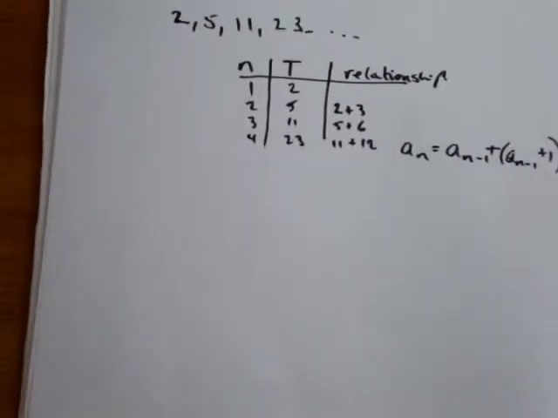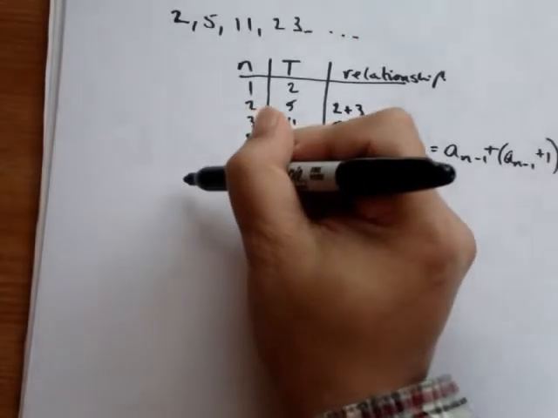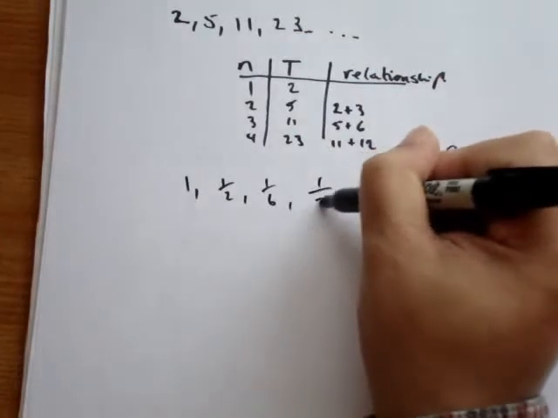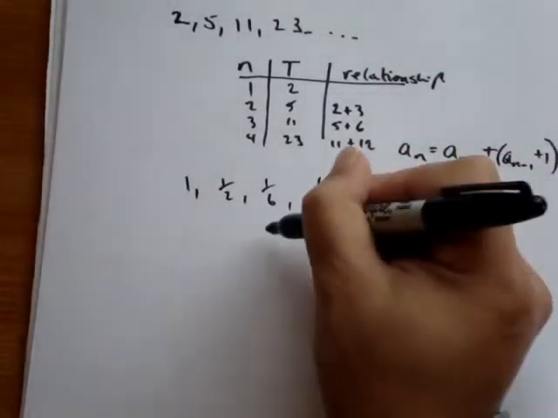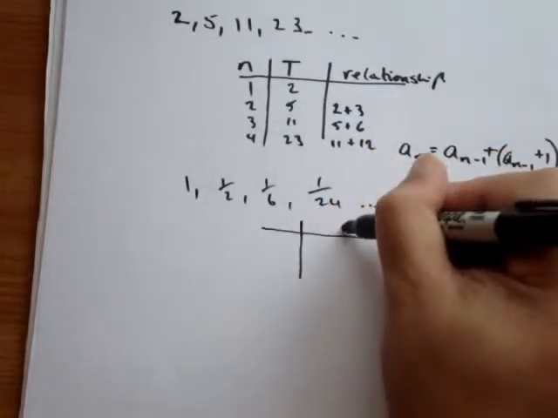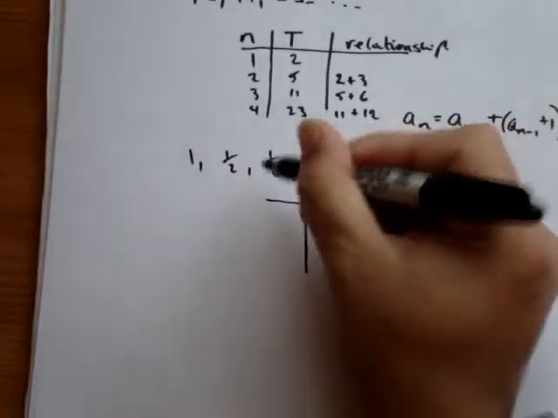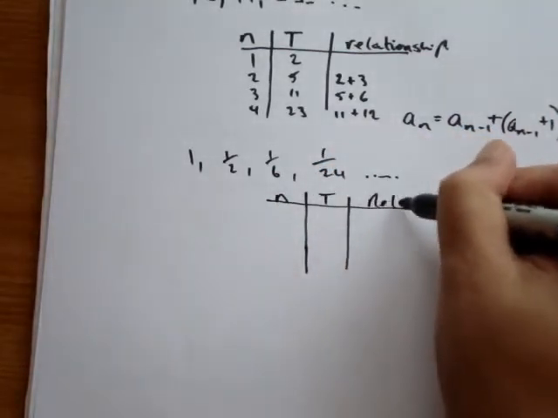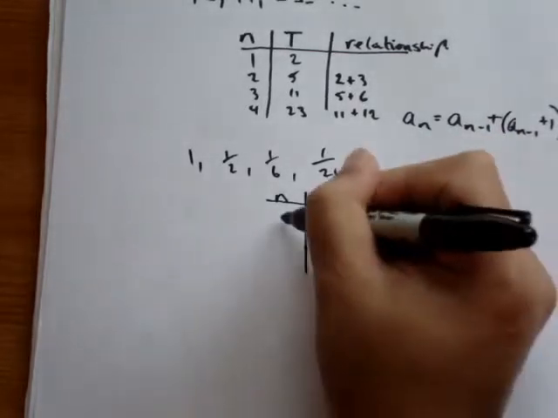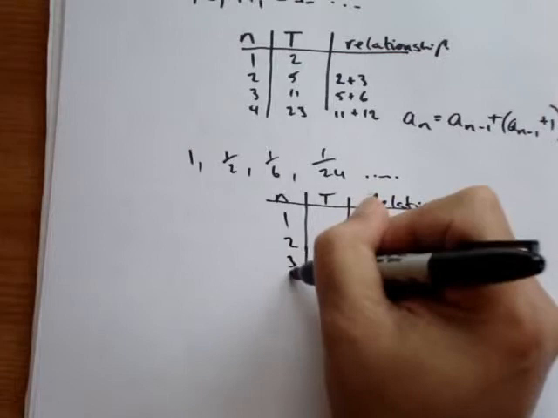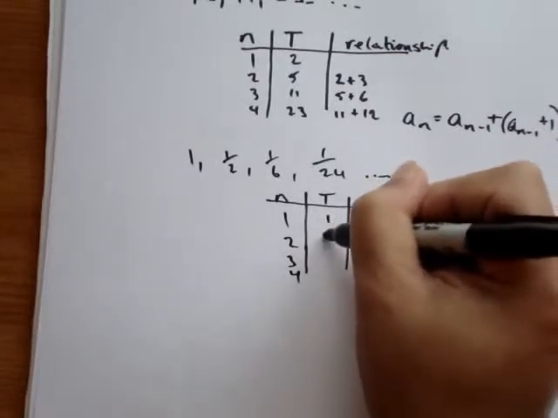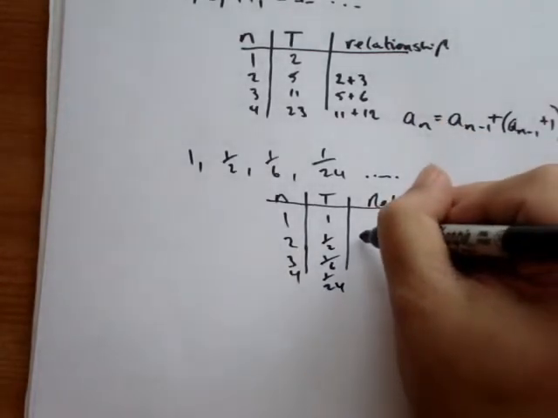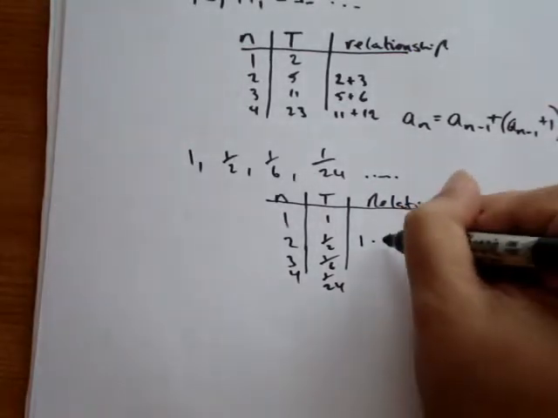Okay, the last one, now using this table. So 1, a half, 1/6, 1 over 24, and so on. So we'll draw our quick table: number, term, relationship. So it refers to 2, 3, 4. This is 1 half, 1/6, 1 over 24. So this one would be 1 multiplied by a half.